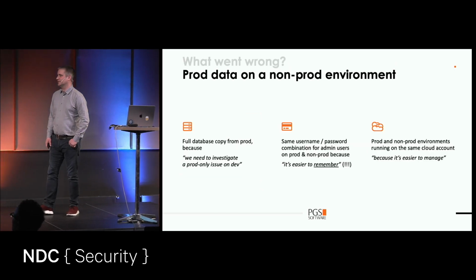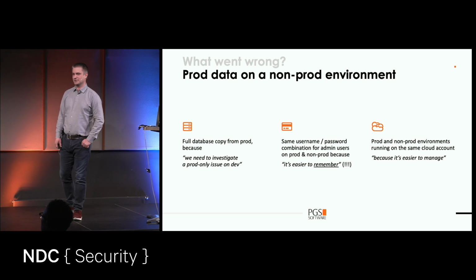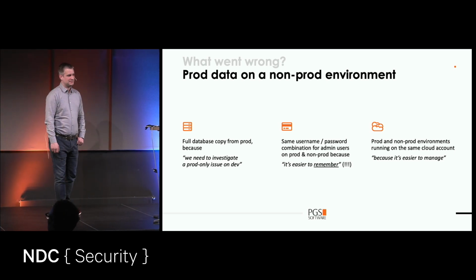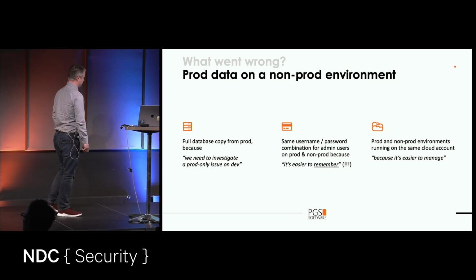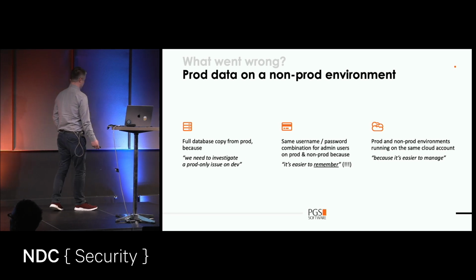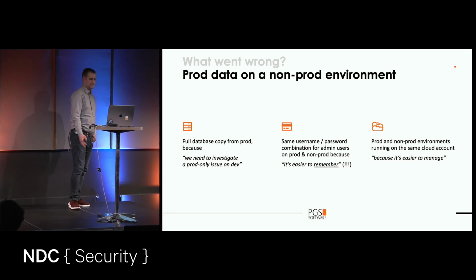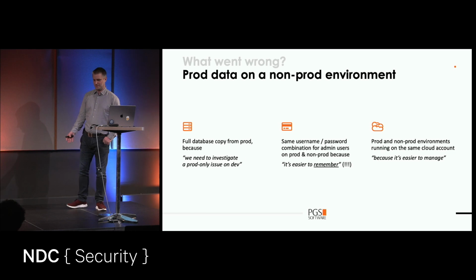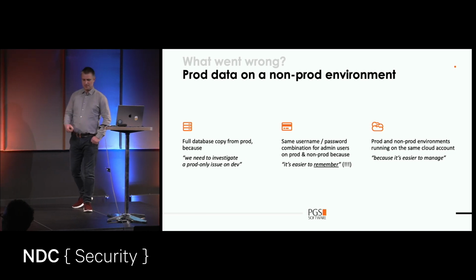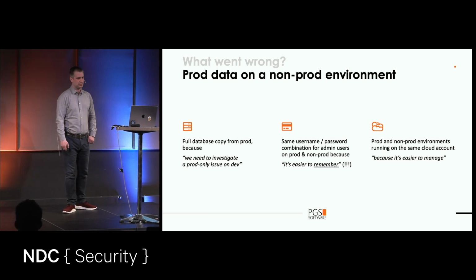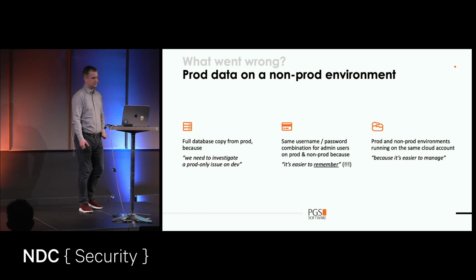First of all, production data on a non-production environment. It's a common scenario where a customer asks developers to find a bug somewhere, and they just copy the production database to non-prod to work on production data.